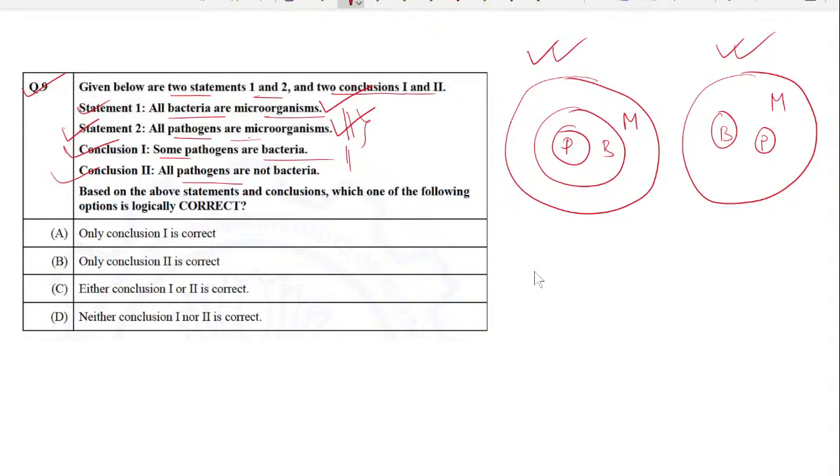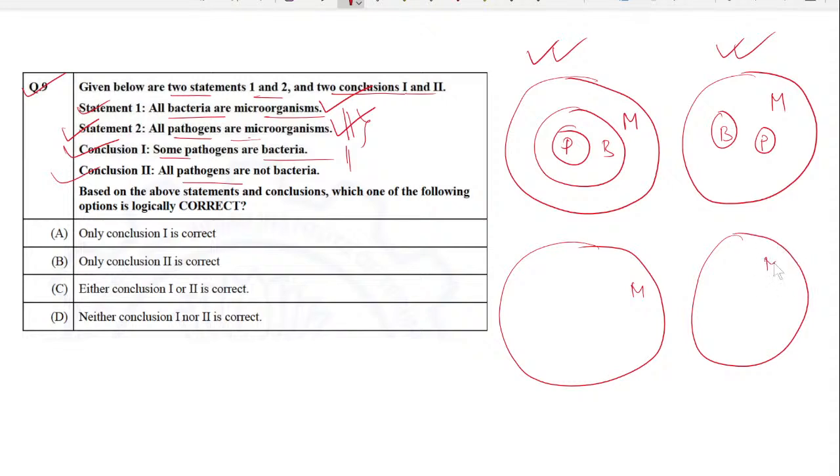Now if we go to the next conclusion, some pathogens are bacteria, this can also be drawn in these two ways. These are pathogens, and inside these are bacteria, and some bacteria and pathogens overlap.